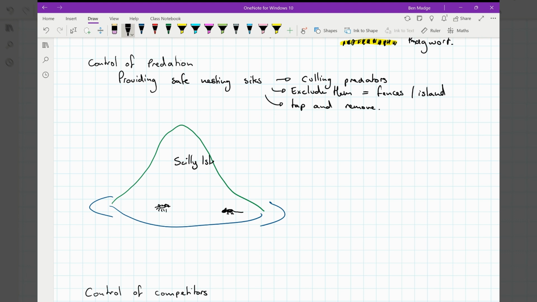Some of the offshore islands are important nesting sites for seabirds, like the Manx shearwater.